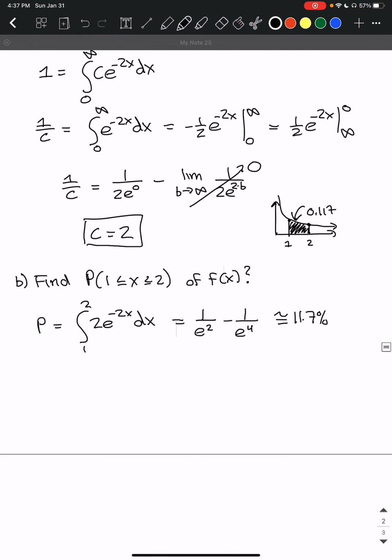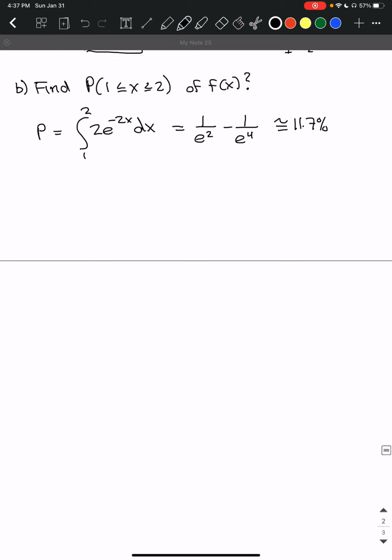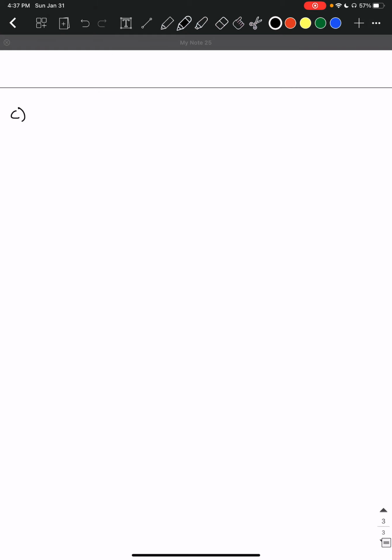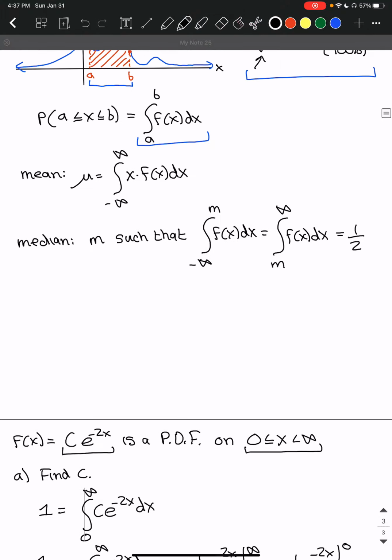Other ones are finding the mean and the median. So let's go ahead and find the median first, because I think that's generally simpler. The median, again, is this property here. What we're going to do is essentially pick one of these integrals to solve and figure out which one looks easiest.